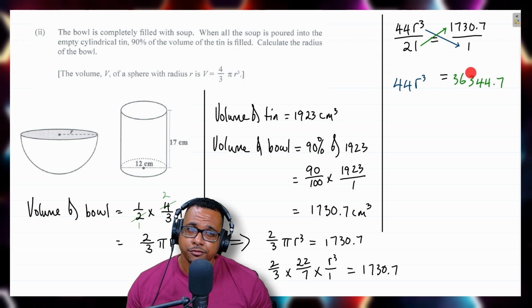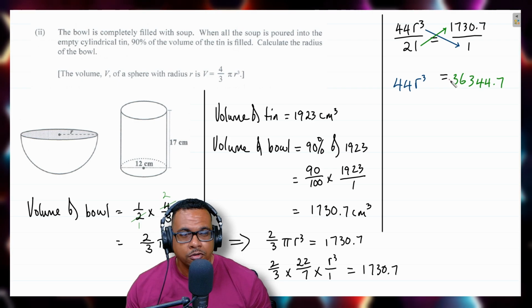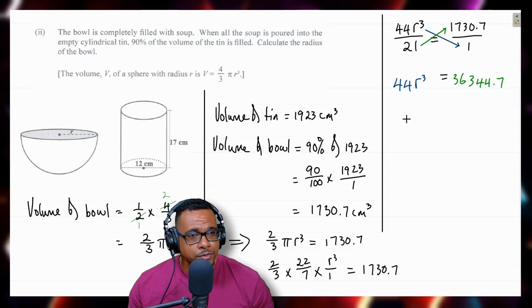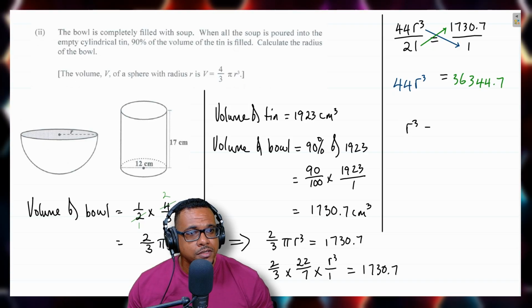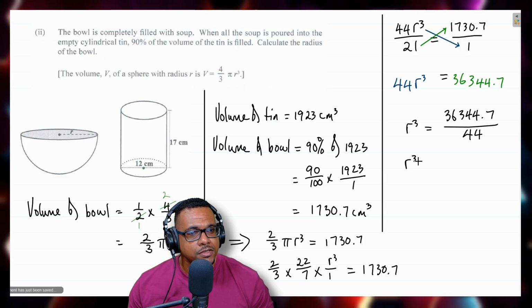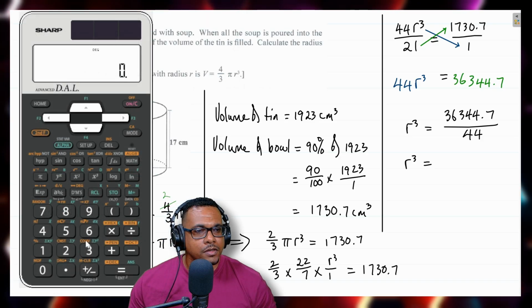So now we have this 44 being multiplied by the r cubed. So when we transfer the 44 across, the operation will change to division. Or you can say, you divide both sides of the equal sign by 44. All right, so you're going to get r cubed is equal to 36,344.7 divided by 44.